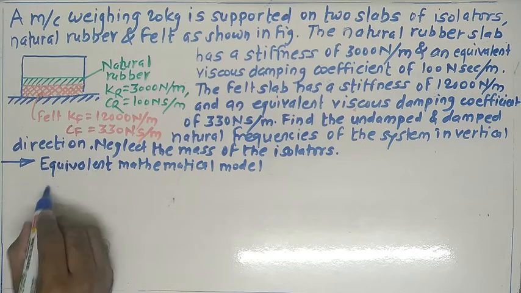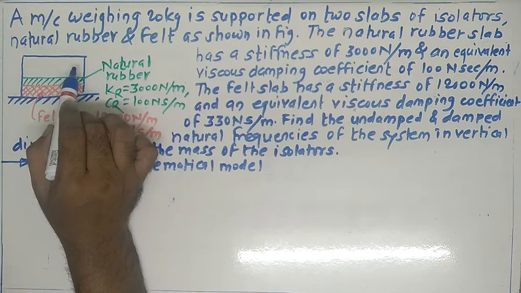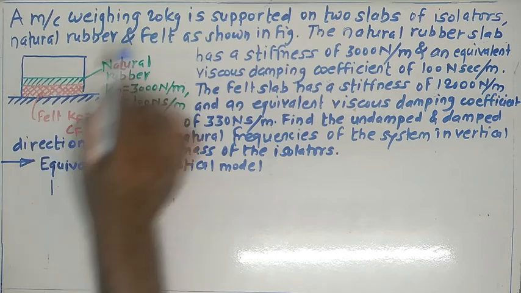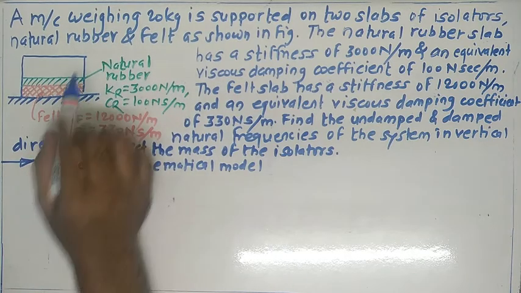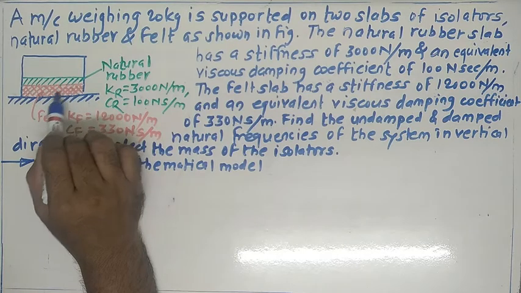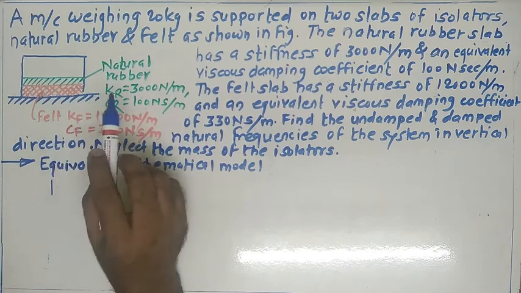The mass term is the machine with the weight 20 kilogram, and the support for that is given by two slabs of isolator. First one is natural rubber and the second one is the felt.